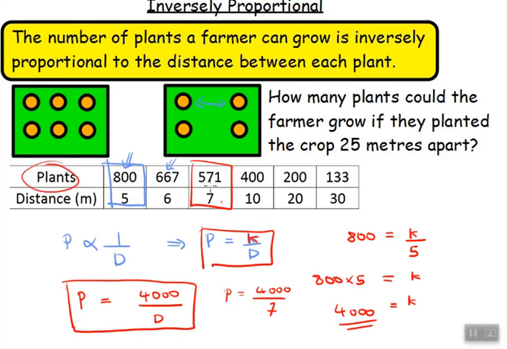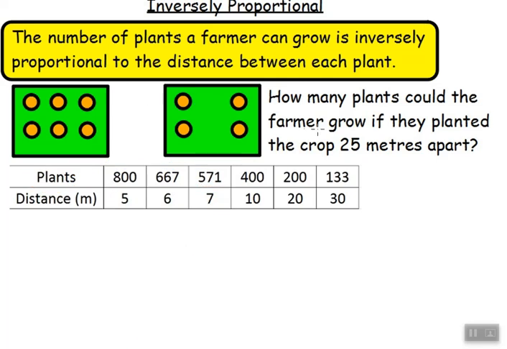So 571, and you can see that the formula does work. So then you can make predictions. It wants you to find out how many crops you could fit if you plant them 25 meters apart. So P would equal 4,000 divided by 25. 4,000 divided by 25 is 160. So you'll get 160 crops in that field.